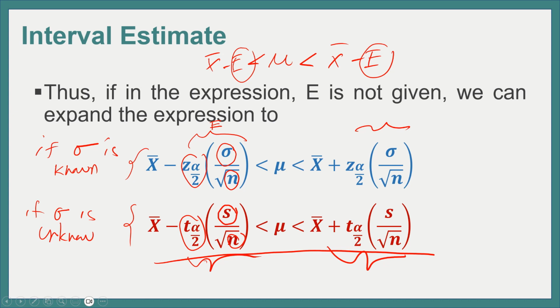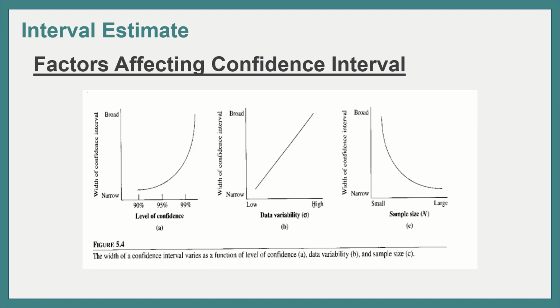The confidence coefficient or critical value is based on a selected level of confidence. Therefore, the factors affecting the confidence interval or the interval estimate are the confidence level, the data variability as measured by the population standard deviation or the sample standard deviation, and the sample size n.